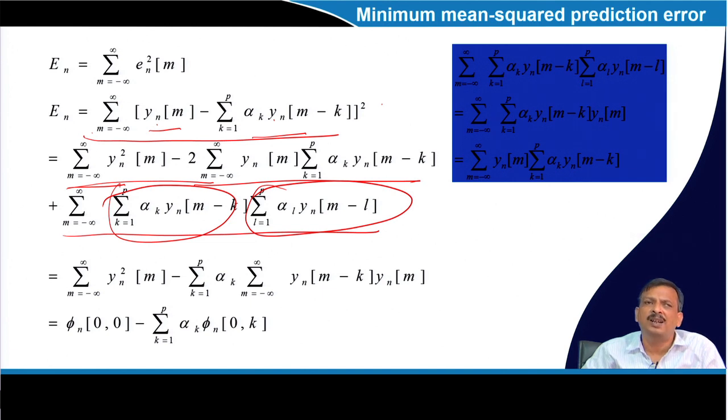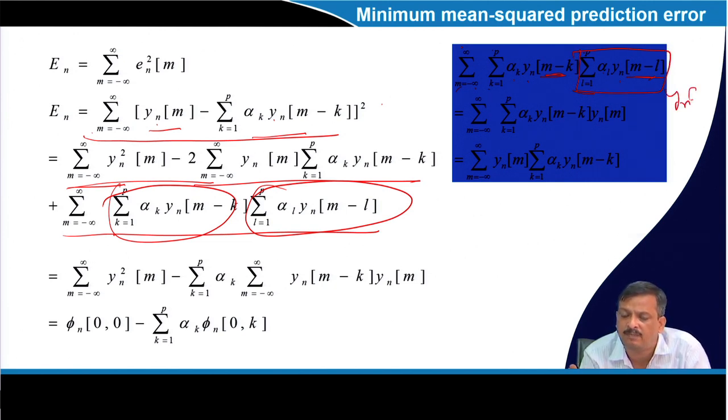Okay, so now it can be solved. If I say the sum over k equal to 1 to p of αk yn(m−k) and the sum over l equal to 1 to p of αl yn(m−l), then can I not say this one is nothing but an estimation of yn(m)? So instead of that, I can put yn(m).